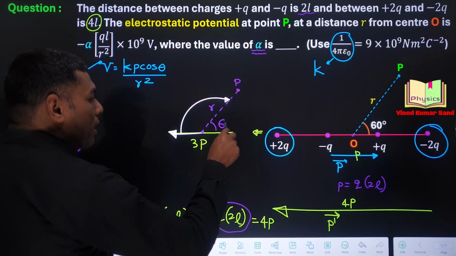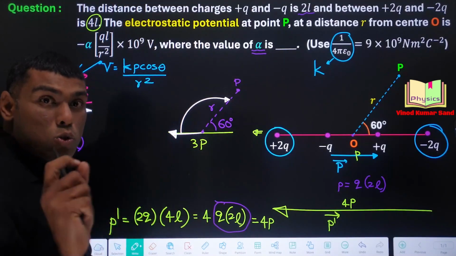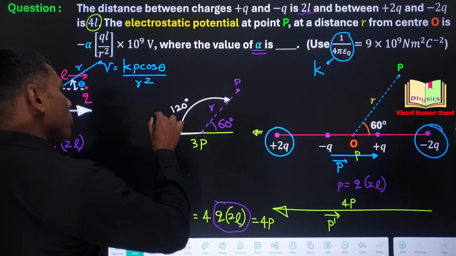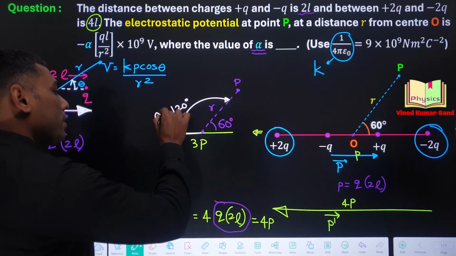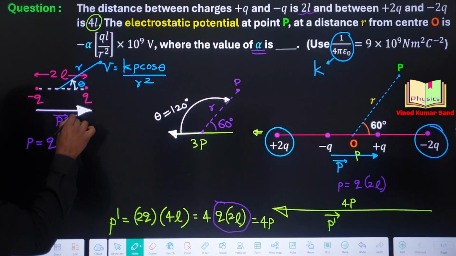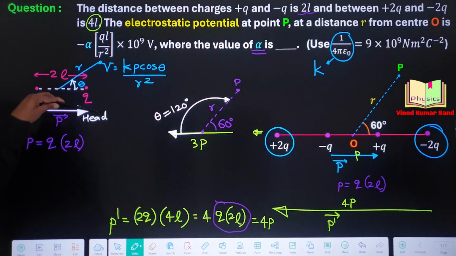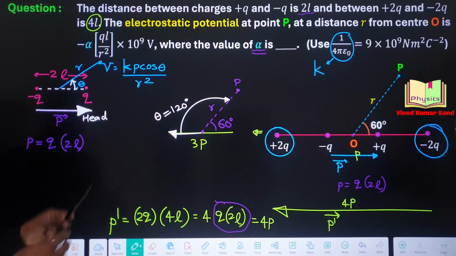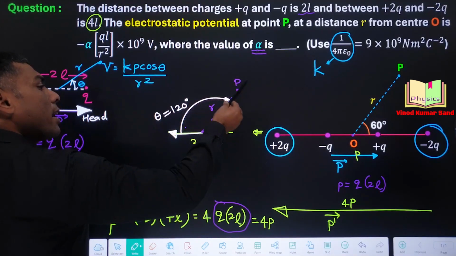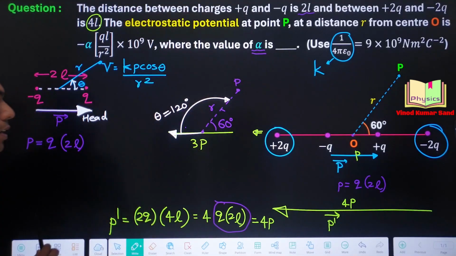Here the data was given as 60 degree, so we will be using 120 degree for theta. Agree with this? Whatever is the arrow of the P vector, check the head of the P vector. Here was the head. From the head, you consider the angle toward that point P.